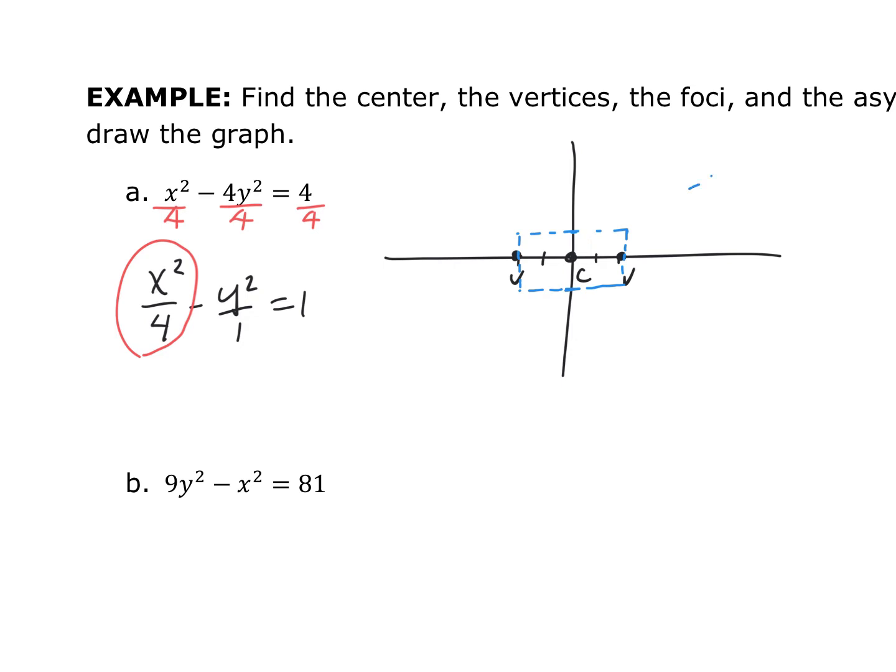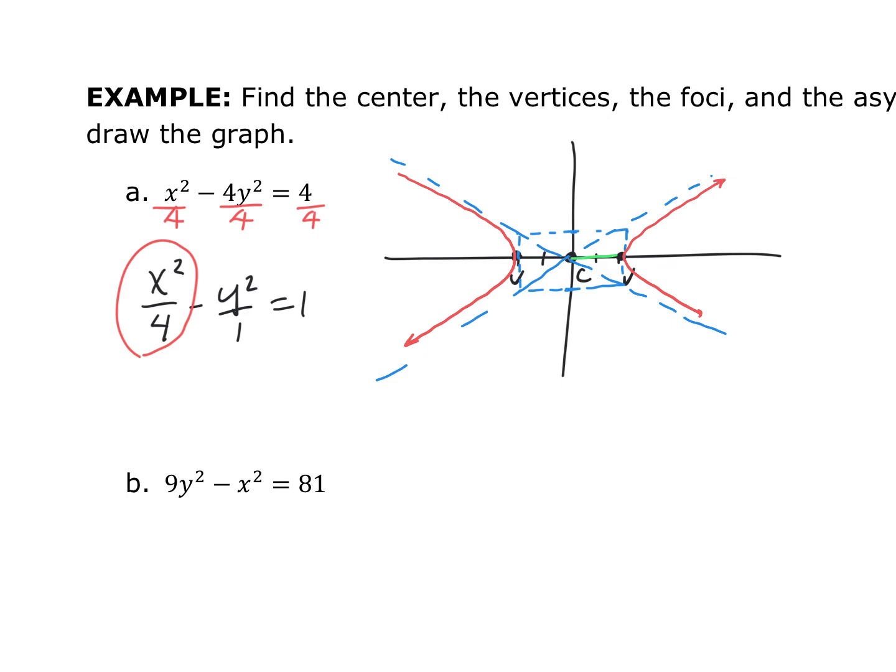So what I do is I draw my asymptotes corner to corner through the center. I know the location of my vertices, and I also know that it's going to run along the asymptote and touch my vertex. So there's my graph.